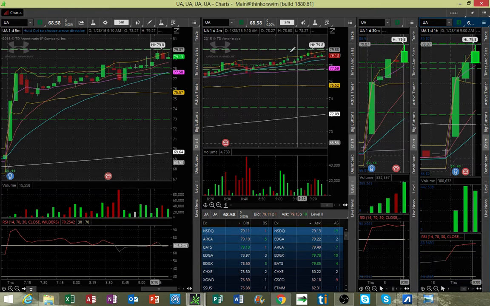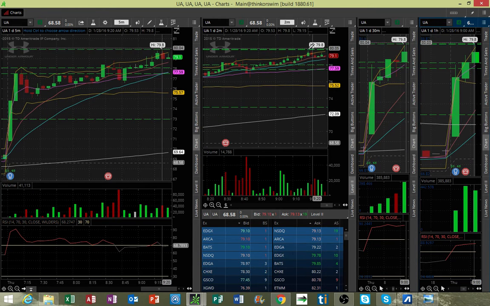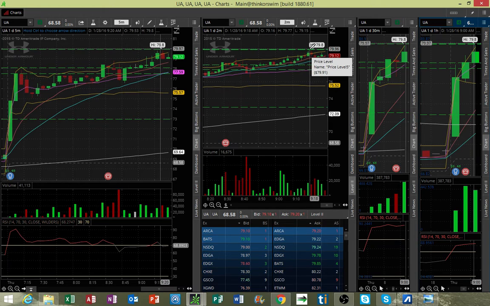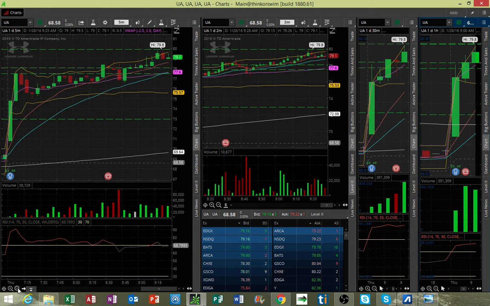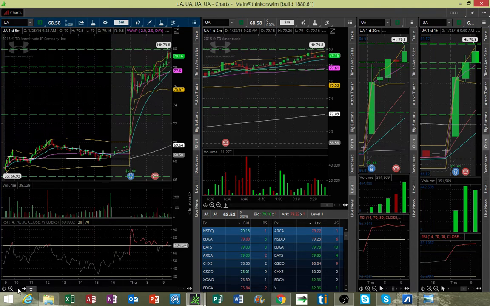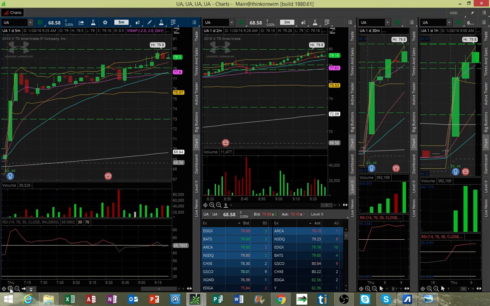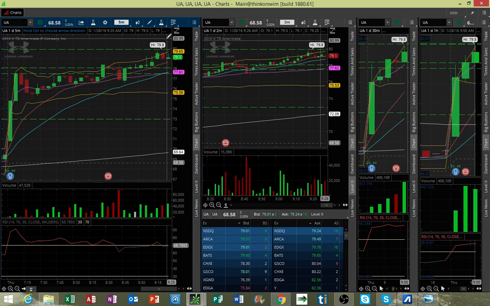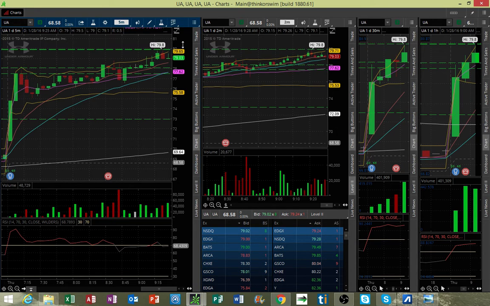So above this, right now I'm thinking if it pushes it and holds this, this may give me a nice long off of this up to the next level of resistance. It's up here at 82, in the 82.70s or 82.80s is the next level that I'm looking at.